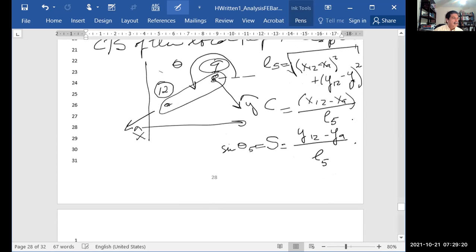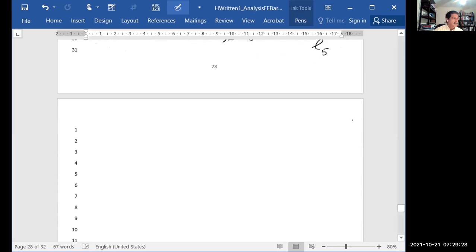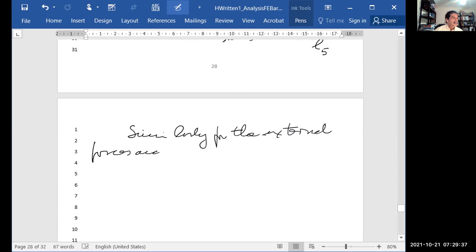And similarly, for the forces, for the external forces, and for the displacement, for the specified displacement.